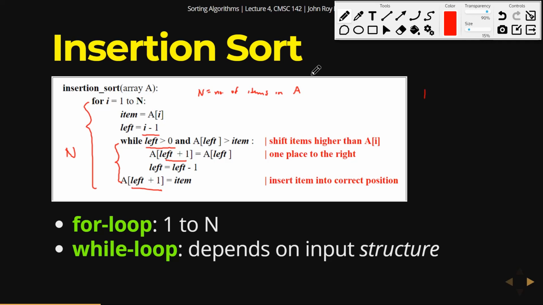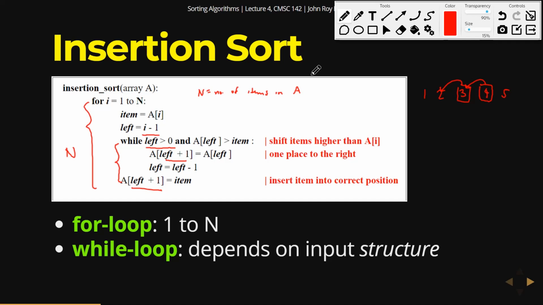If it's already sorted, like for example if you're currently at 4 and you ask it against 3, it's already greater than 3, so you will immediately stop.